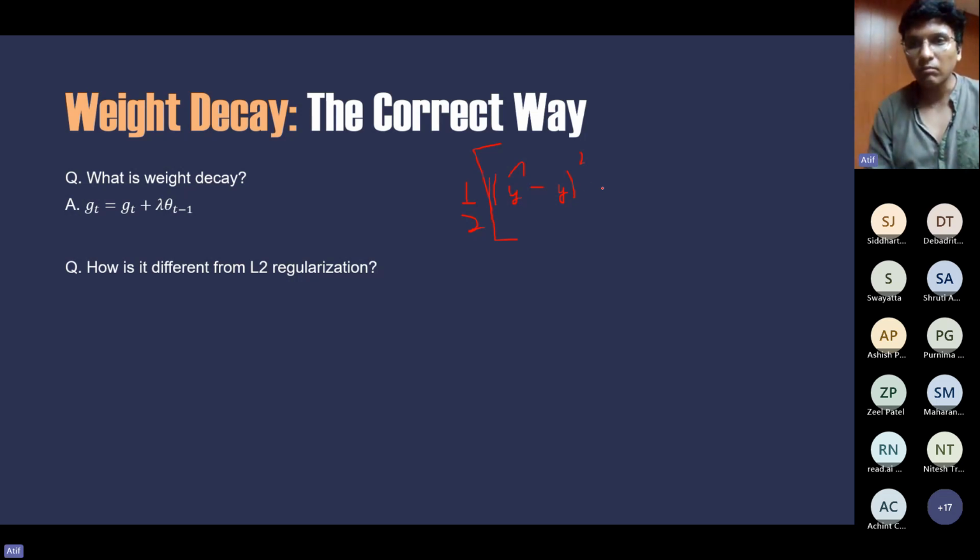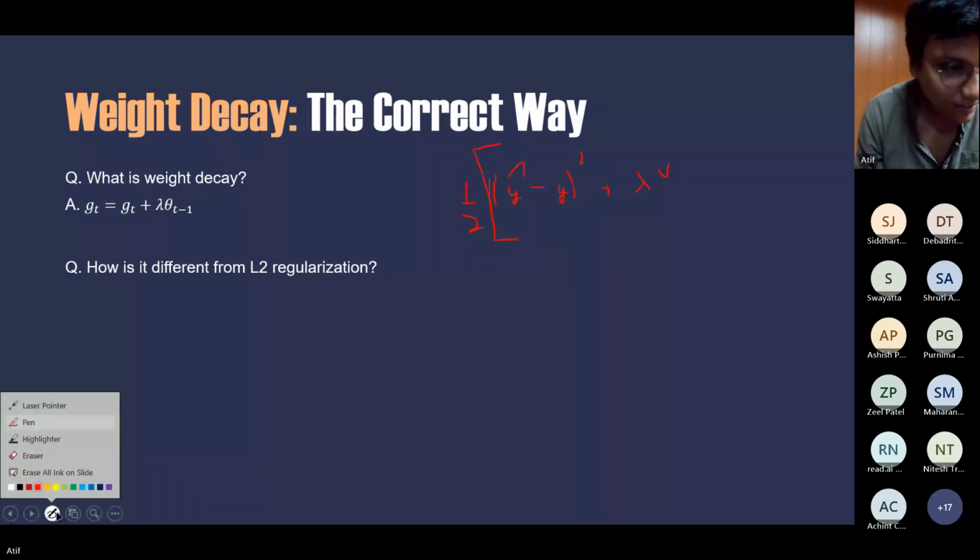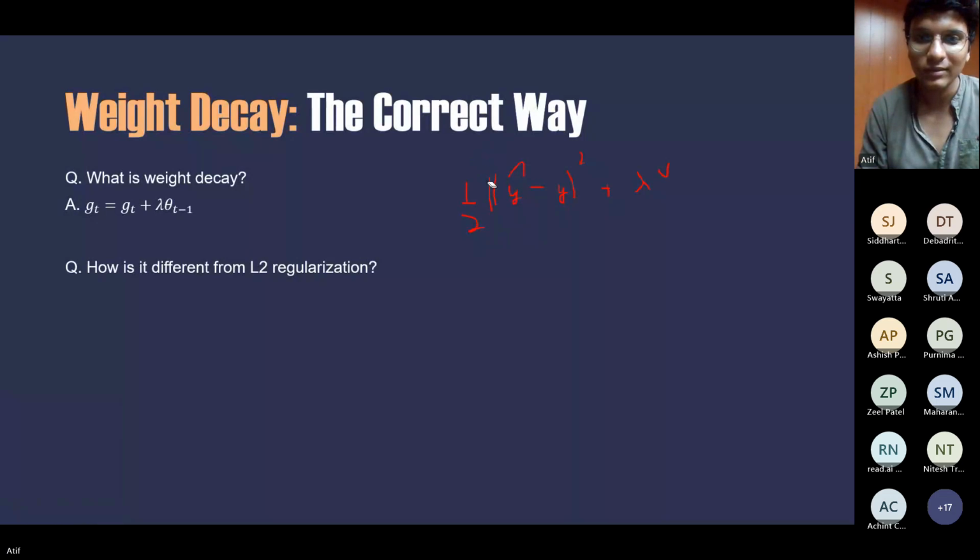plus, and then you would have some lambda here, and then you will write lambda into theta t minus 1 transpose theta t minus 1, right?